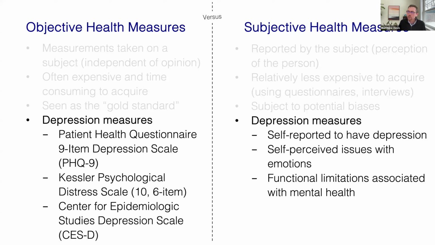A lot of these items, I'm sure many of you are familiar with, like the Patient Health Questionnaire 9 item, the Kessler Psychological Distress Scale, and others, which has some clear, distinct advantages over self-perceived issues with mental health. This is somewhat analogous to studying dementia, another similar situation where there are pretty serious issues with self-report.